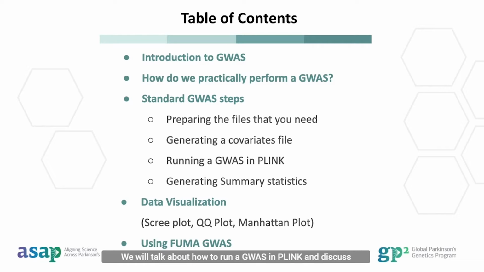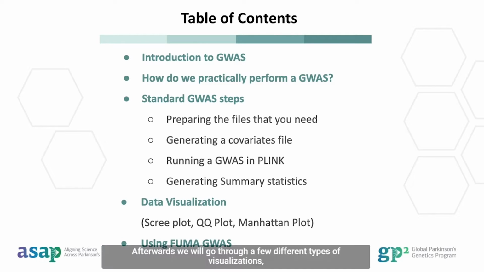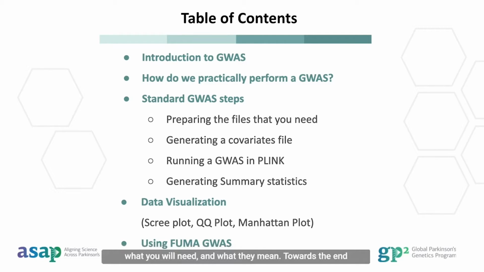Next, we will talk about how to run a GWAS in PLINK and discuss other popular tools the community uses, and go over how to make summary statistics and use the popular online tool FUMA. Afterwards, we will go through a few different types of visualizations, what you will need, and what they mean. Towards the end, we will quickly cover what type of regression you want to run based on the data and outcome you desire.